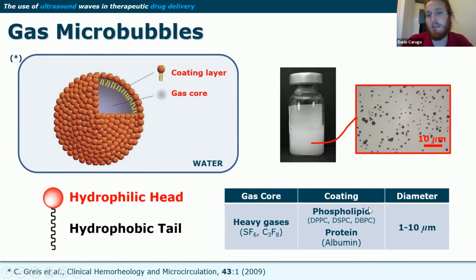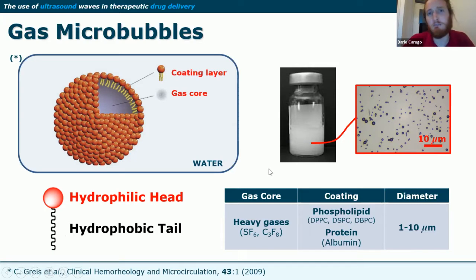The coating is typically made of phospholipids, which are widely used in drug delivery systems, as well as denaturated proteins. And the diameter is between 1 and 10 micrometers, so they can only be observed using an optical microscope. Bubbles which are greater than 10 micrometers cannot be administered intravenously because they may cause embolism, so they may occlude the small capillaries within the body.